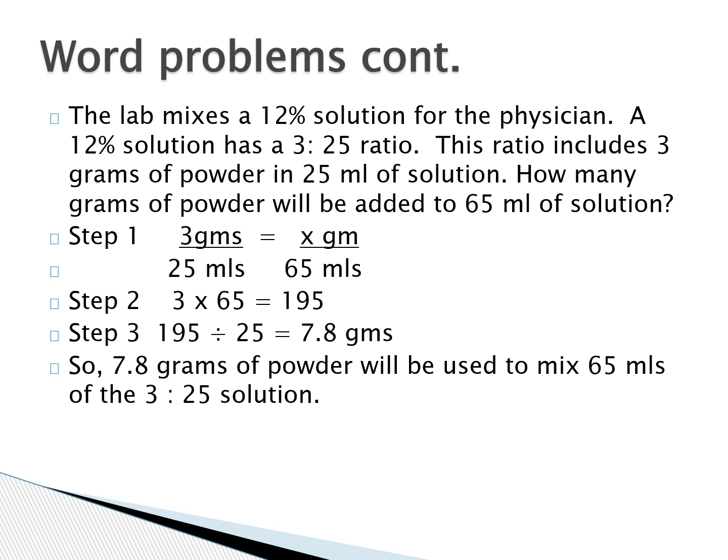So 3 grams to 25 mils is the same percent strength as how many grams to 65 mils. Common sense would tell you that this number is going to be bigger than this number, because we're working with more solution. We're over doubling it. So we're working with 25 mils here.